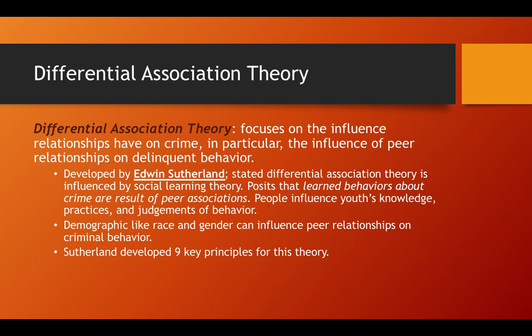Now, recent research has highlighted how demographic factors such as race, ethnicity, and gender can also impact how peer relationships affect delinquent behaviors. But this specific theory has been criticized, and one of the key criticisms involves the temporal order of criminal behavior.